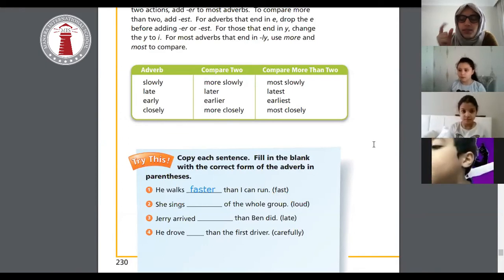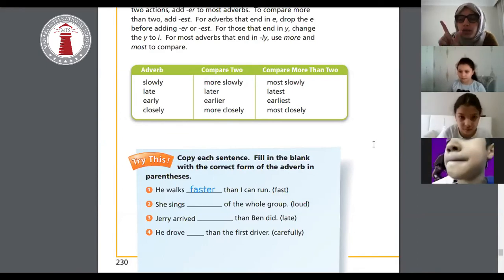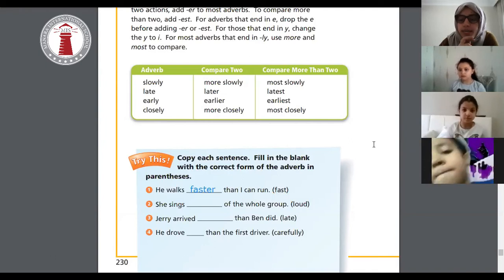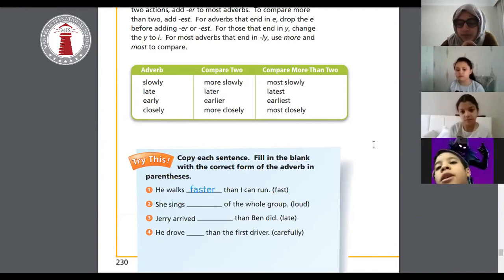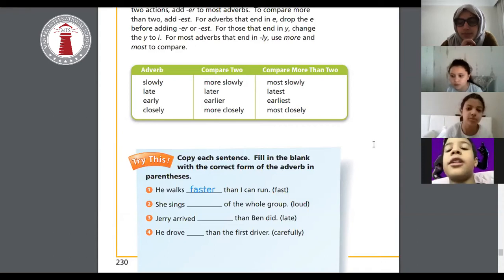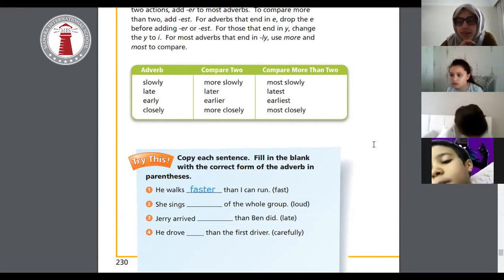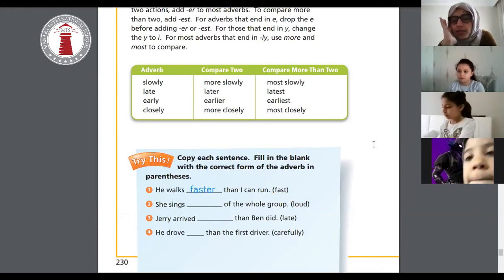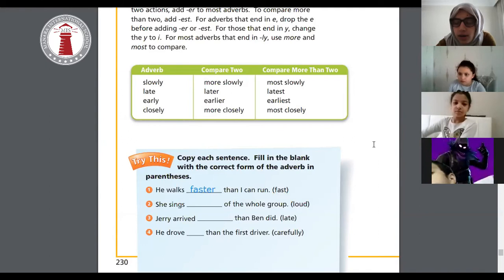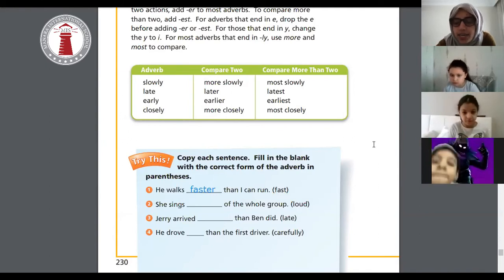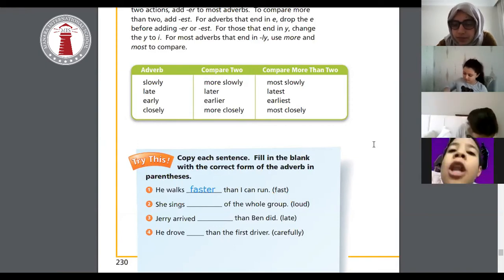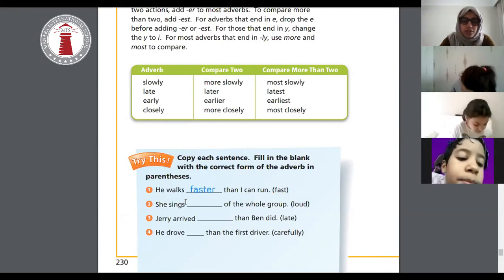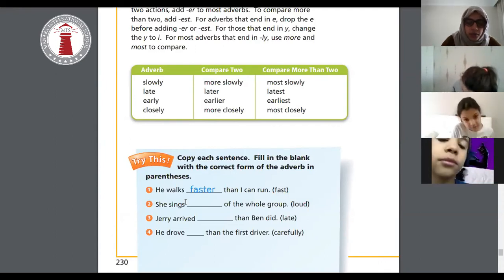So if we're comparing between only two things, do we need to add er or est? The first thing you said, er, is correct. So after I add er to loud, how do I say it? Louder. Good job, Yamin. Thank you. So I will write louder.